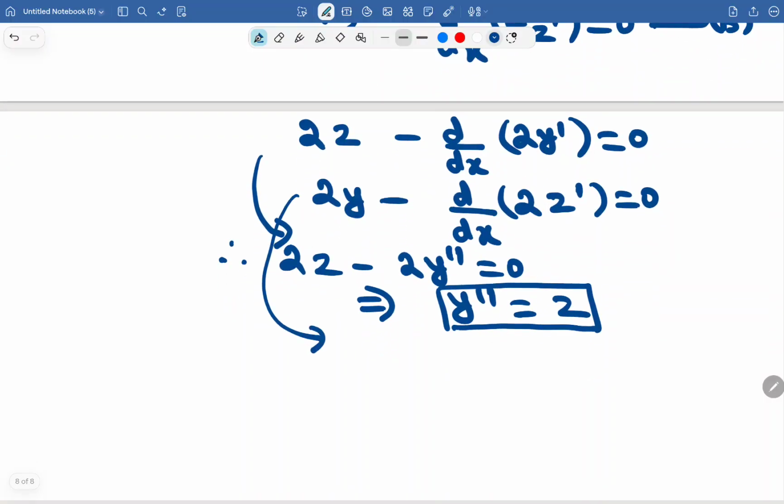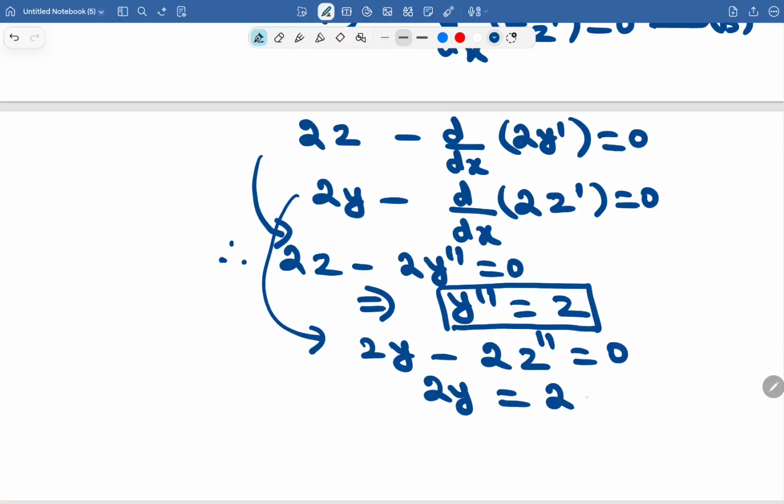Similarly 2y minus 2z double dash equal to 0, z double dash equal to y.